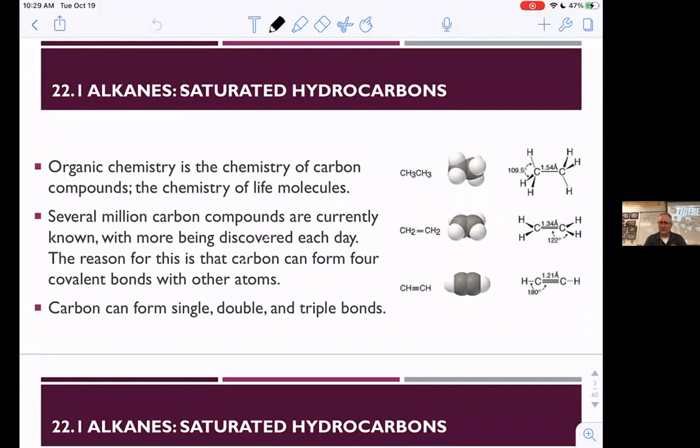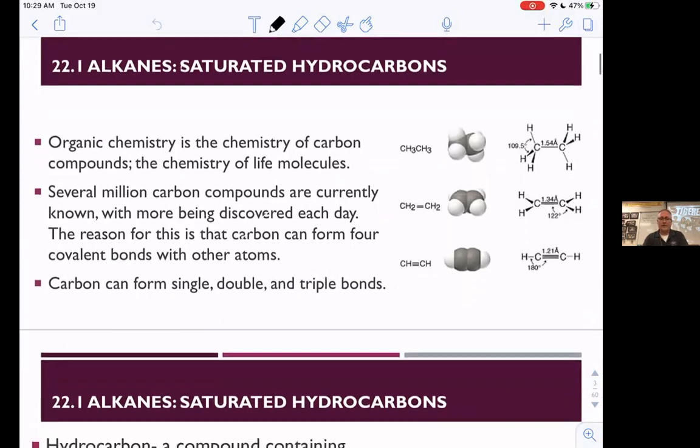Organic chemistry is the study specifically of carbon-containing compounds. Yes, the chemistry of life molecules, but there are millions of carbon compounds. They can form single, double, and triple bonds, as you are aware, and that limits the number of bonds they have with other atoms if they are bonded to other carbons with more than a single bond.